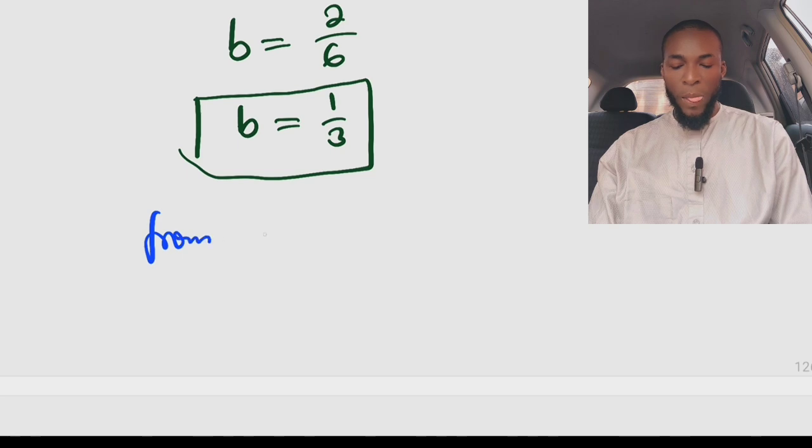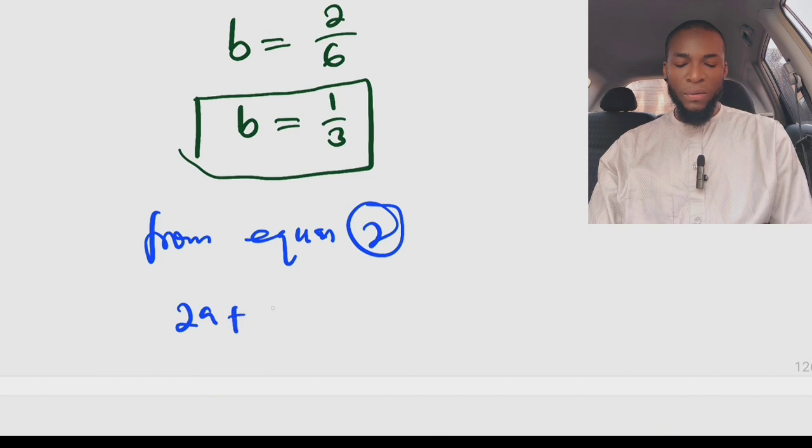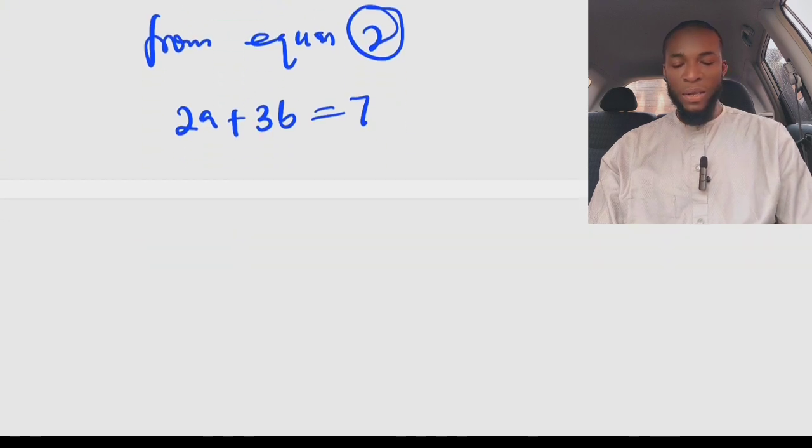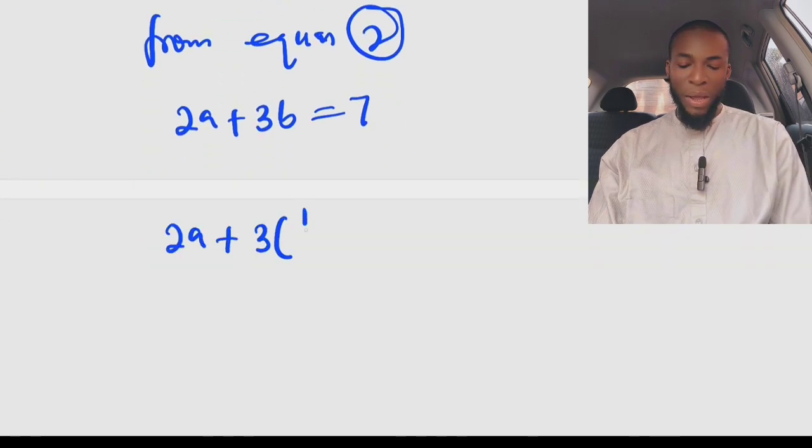From equation 2, we have 2a plus 3b is equal to 7. But we have seen that b is equal to 1 divided by 3. So we have 2a plus 3 multiplied by 1 divided by 3, right?